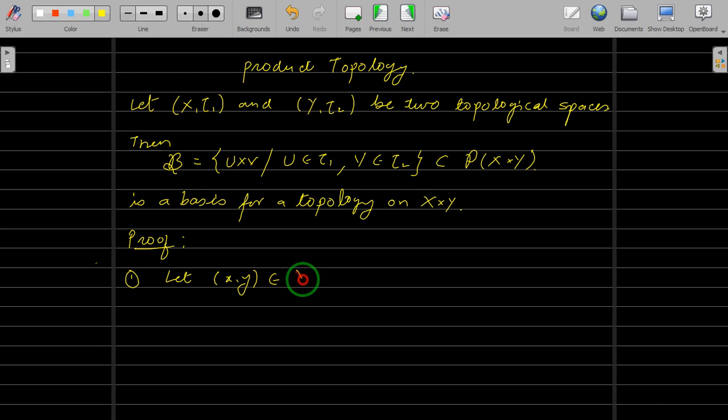Let us take one element from X cross Y. What is the meaning of (x, y) belongs to X cross Y? This implies x will belong to X and y will belong to Y.